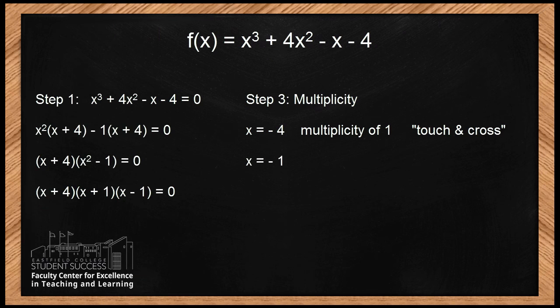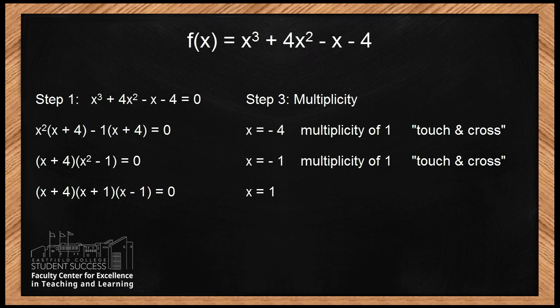Let's look at x equals -1. Go back and look at the exponent on the factor x plus 1. The exponent is 1. Again, multiplicity of 1. The graph will touch and cross. Let's look at x equals +1.